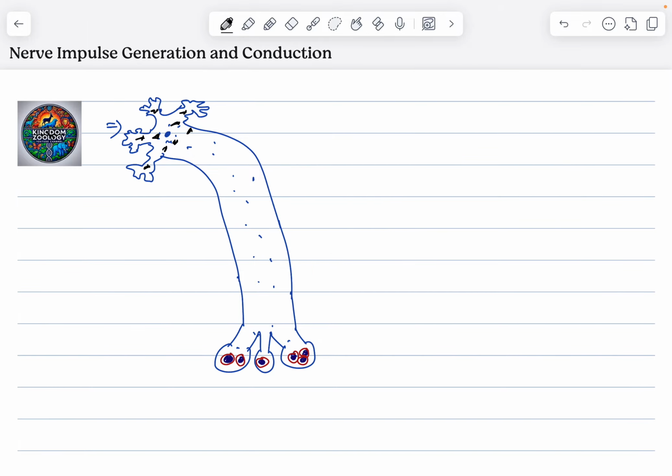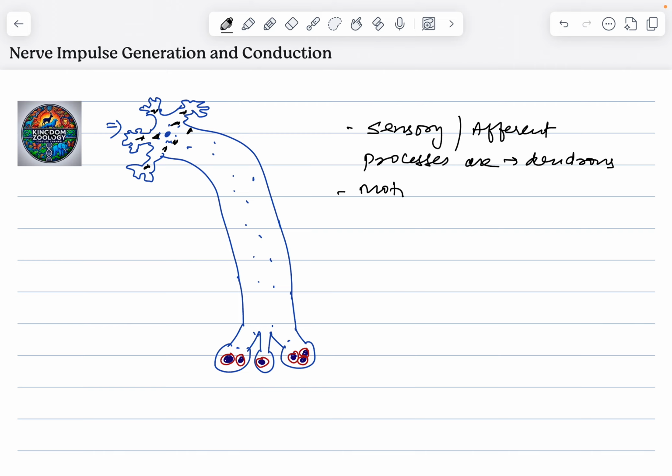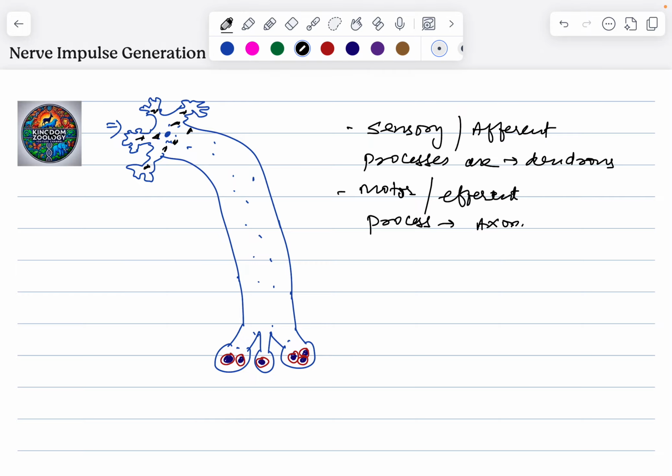In this neuron, the sensory or the afferent processes of the neuron, who are those? Dendrons. While the motor, which means the process that is going to take the information or the impulses forward, the motor or the efferent process, there is only one, and who's that? The axon.